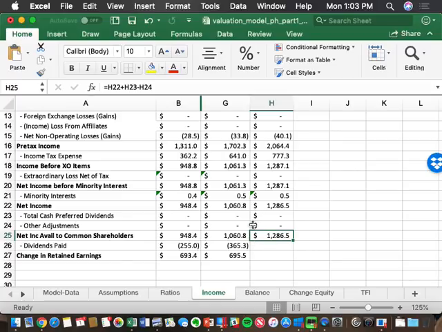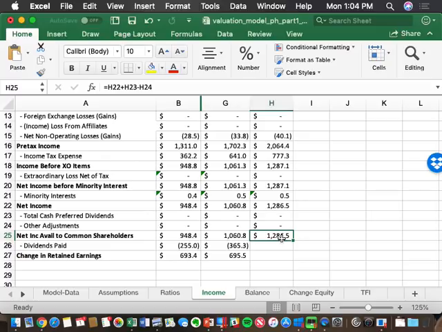The feed that Bloomberg is giving us has dividends as negative numbers, so even though we would subtract the dividend, subtracting the negative number would be the equivalent of adding it. I've already adjusted for that in this model. That's why I'm saying copy over G25 to H25, because even though Parker Hannifin doesn't have a preferred dividend, if it did, it would show up as a negative number.